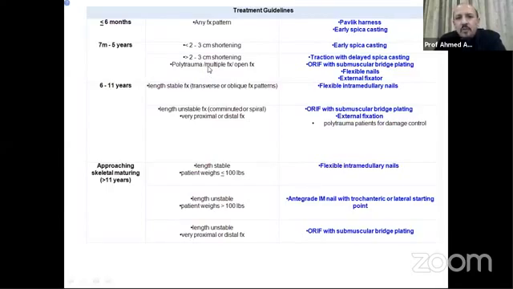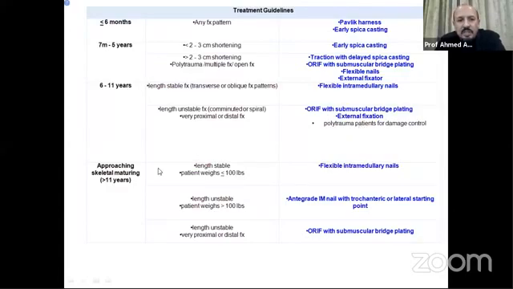If you have a polytrauma, multiple fractures or open fracture, you can do open reduction internal fixation with submuscular plates, flexible nails, or external fixation. From 6 to 11 years, with length stable fractures like transverse or oblique, you can do flexible intramedullary nails. Length unstable fracture, which is comminuted or very proximal or distal, open reduction internal fixation with submuscular plating; external fixation could be a choice.